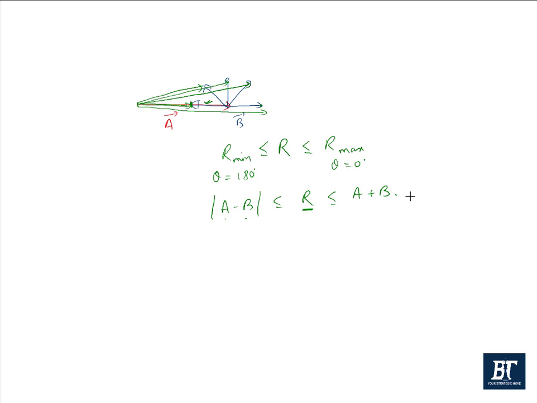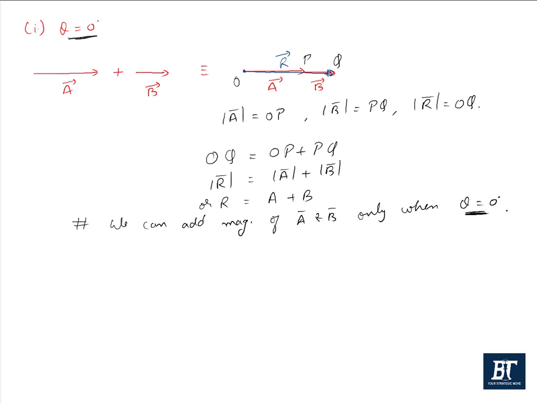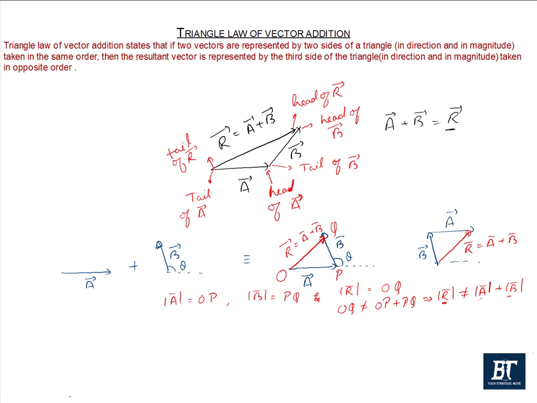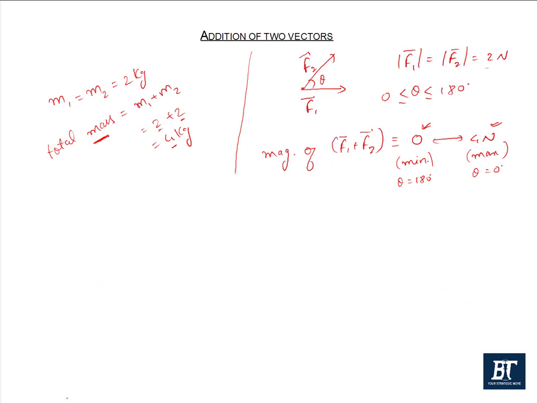Now go back to our first example. So in this case, two forces of equal magnitudes 2 and 2 are acting at an angle theta, and value of theta is between 0 to 180 degrees.